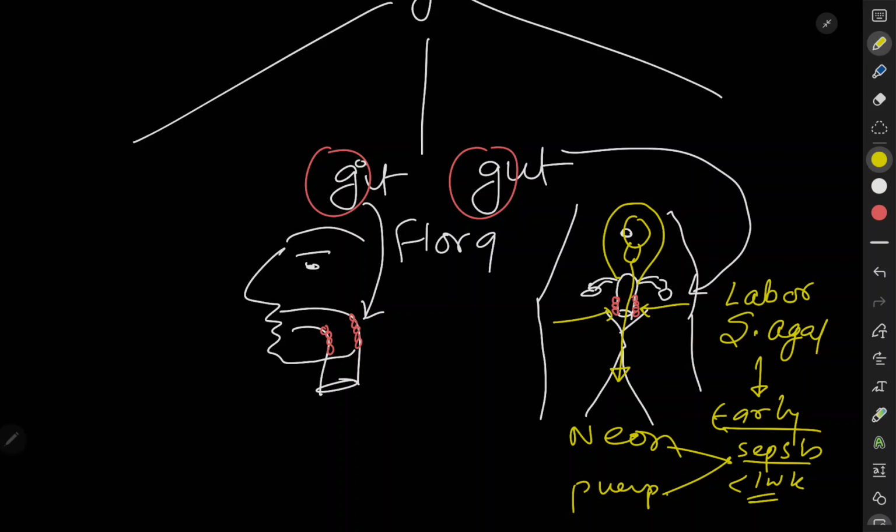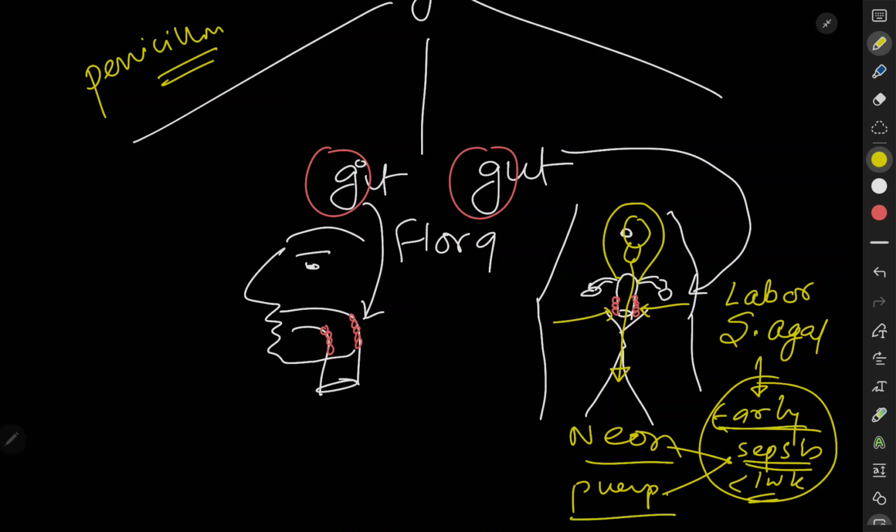So it's very essential to prevent this. So how can we prevent this? See, thankfully there exists penicillin to combat these things. So the only factor for preventing such early sepsis, be it neonatal, be it puerperal, is early administration of penicillin.